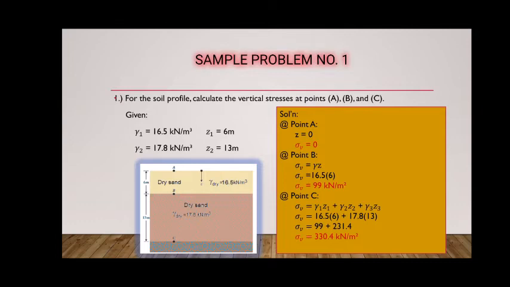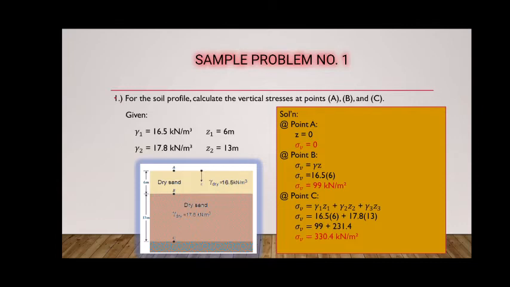At point C, as we can see in the given formula, we have 16.5 times 6 plus 17.8 times 13, which comes up with 99 plus 231.4.